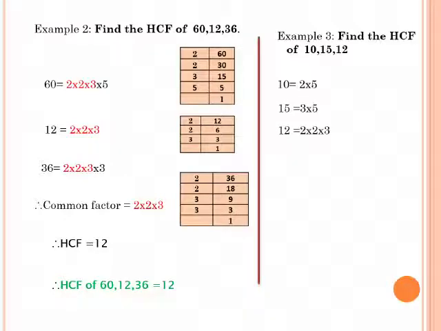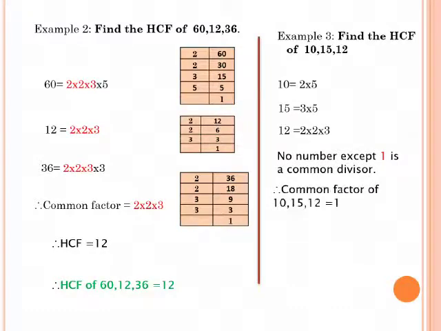Now try to find out common factors for all the three given numbers. Here no other number other than 1 is a common divisor. So in this case the common factor of all the three numbers is 1. Hence the HCF of 10, 15 and 12 is 1.